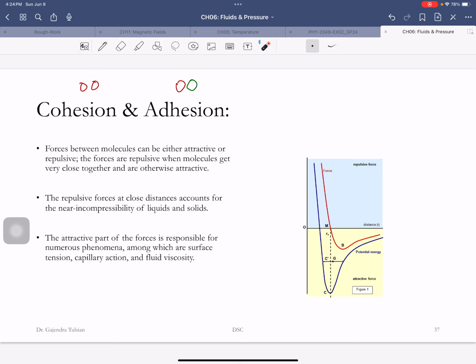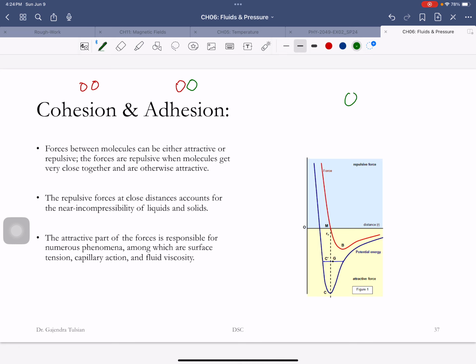Okay. So forces between molecules can be either attractive or repulsive. If you take two water molecules, what this graph is telling you is the potential energy. If the water molecules are farther apart than a certain distance, the force is attractive.